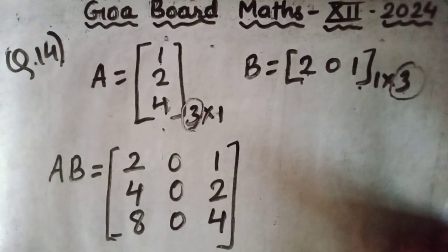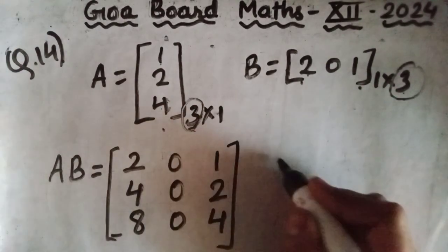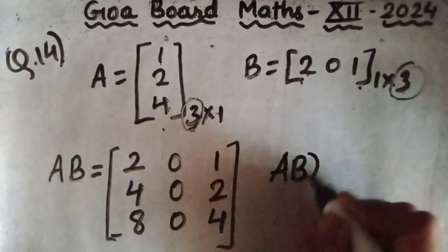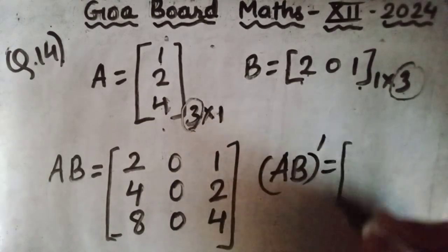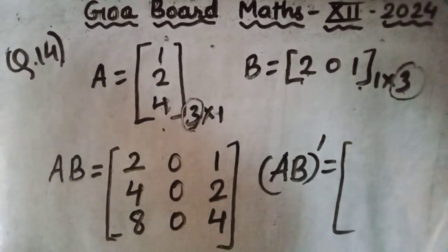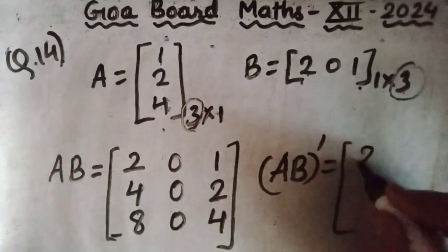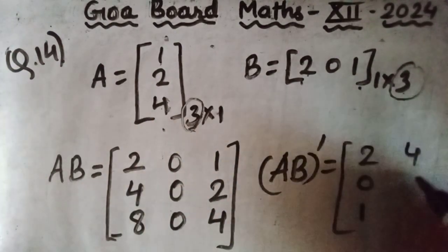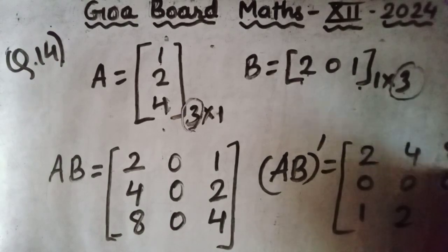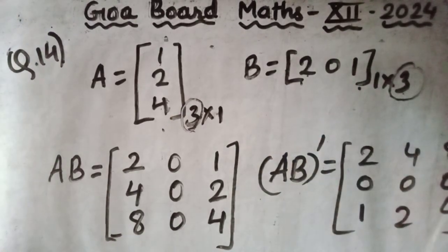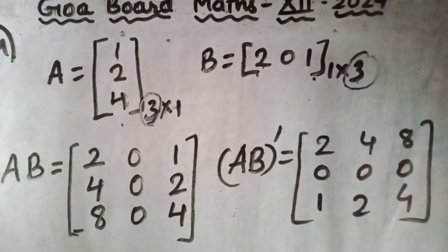Okay, so its transpose is you have to shift the rows into columns, columns into rows. 2 0 1, 4 0 2 and 8 0 4. Okay, so this is the matrix.